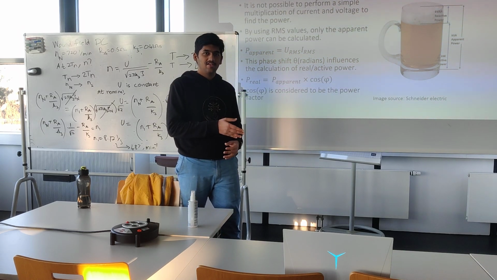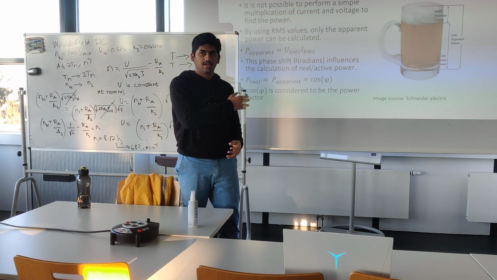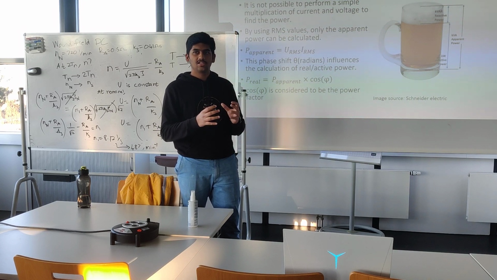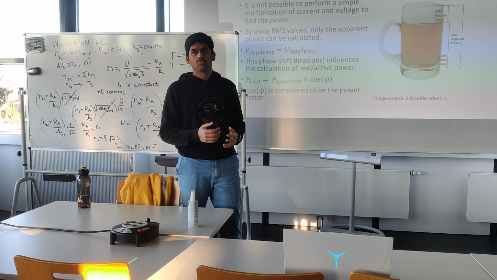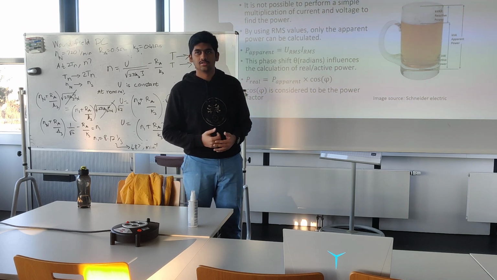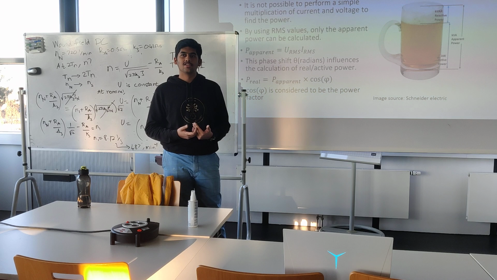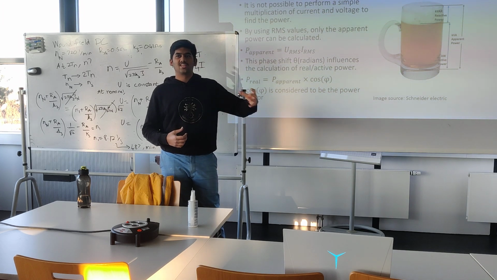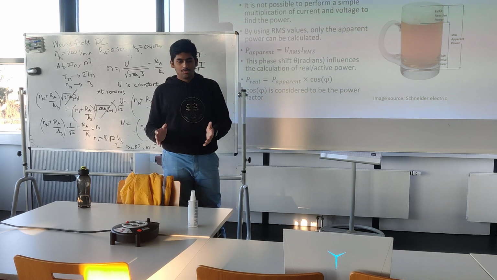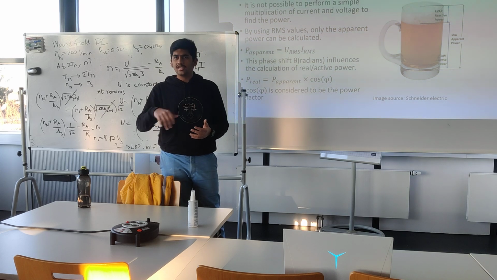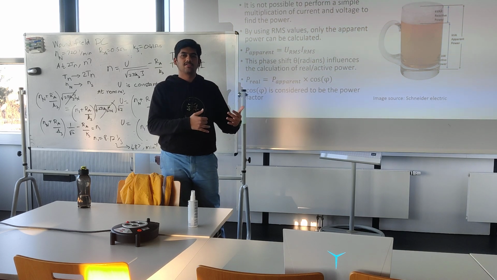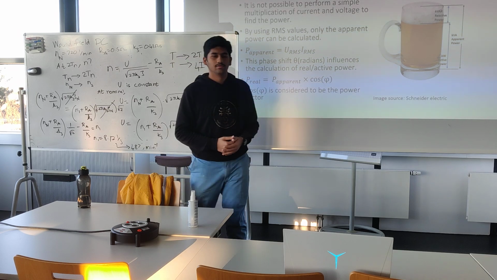You add a capacitor in parallel, which will shift the current in the other direction, so they can cancel out to get a power factor close to 1. This is called power factor correction, and it's becoming more relevant today with the advent of electric vehicles. The charging cable that is used from the charging station to the vehicle is DC, but before that internal conversion, it's good to have a power factor of 1.